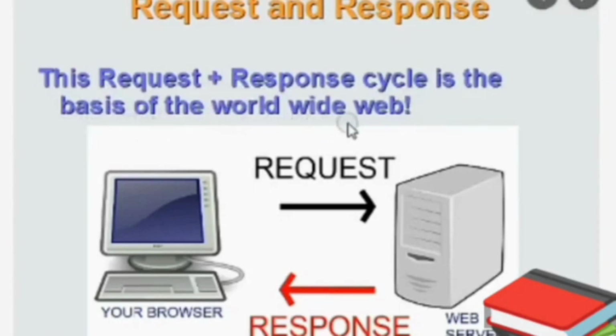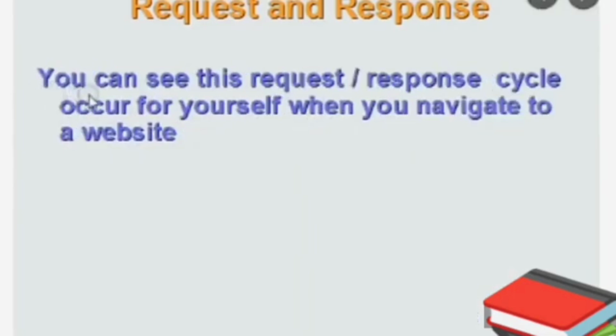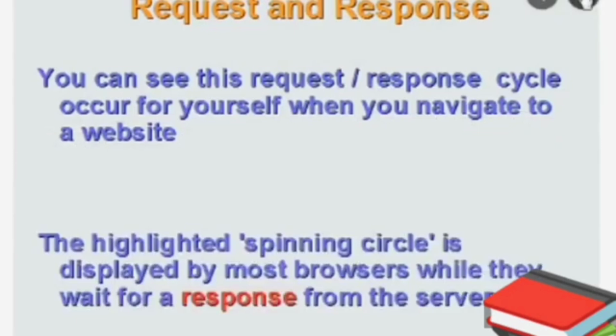That's WWW. You can see this request response cycle occur for yourself when you navigate to a website. The spinning circle is displayed by most browsers while they wait for a response from the server.